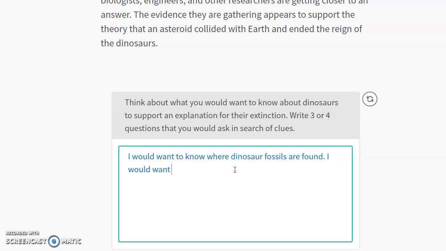I would want to know if the ground and area around the fossils shows damage to the earth and clues for what happened.